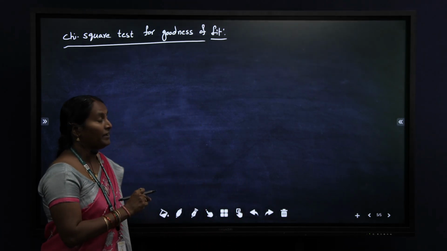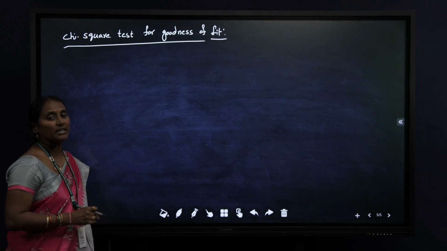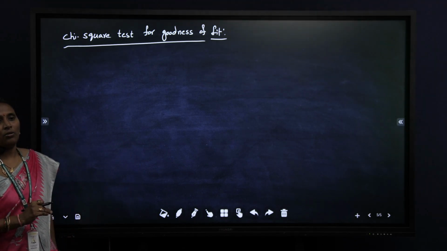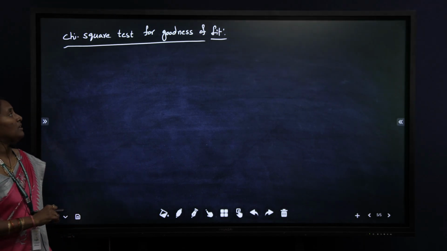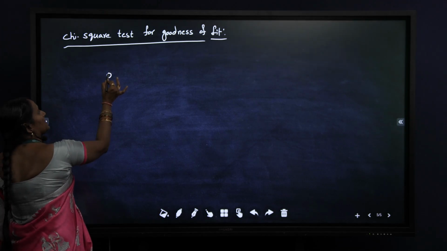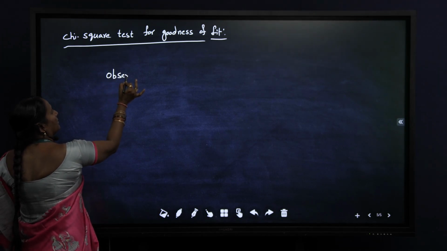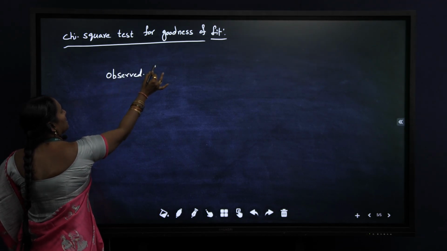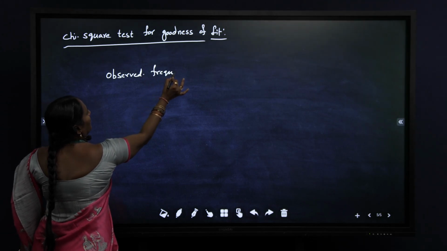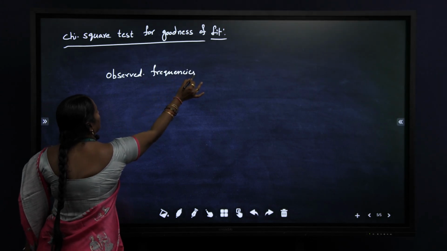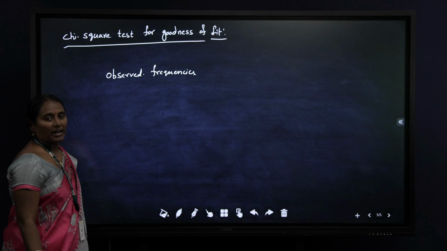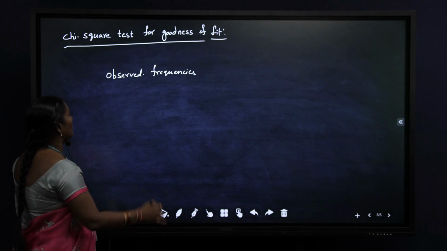Now, this chi-square test for goodness of fit is finding out the discrepancy between the observed frequencies and expected frequencies. Before expectation, we are assuming, we are expecting some values.